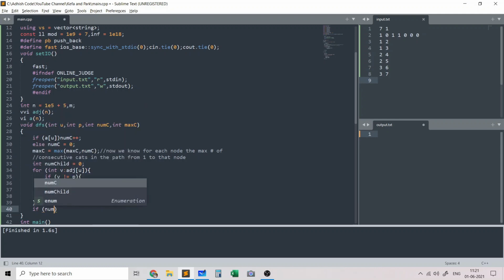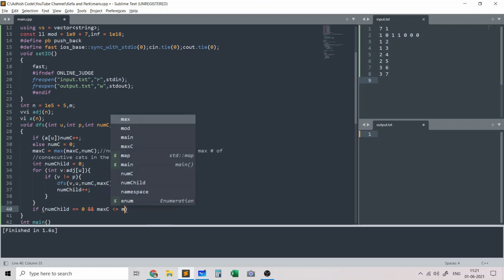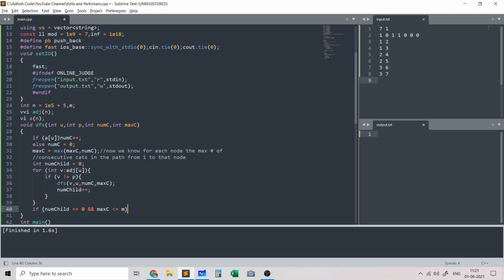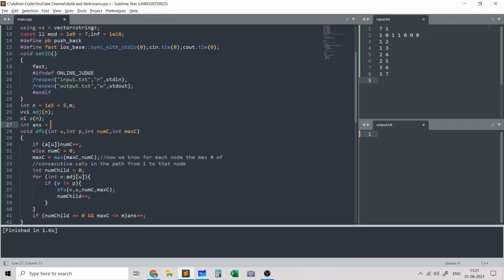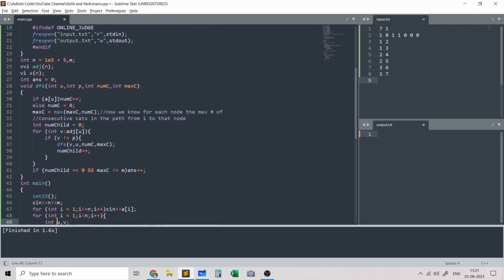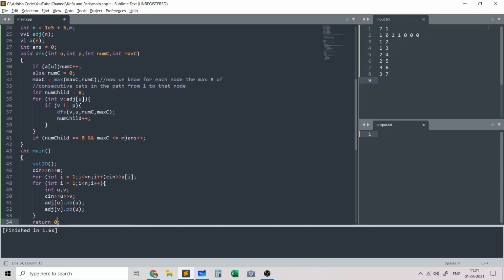And now we just need to check if this node is a leaf, and if the max consecutive nodes which contain cats in the path from 1 to it is less than or equal to m, then we increase the answer by 1. Otherwise, we don't increase the answer by 1.